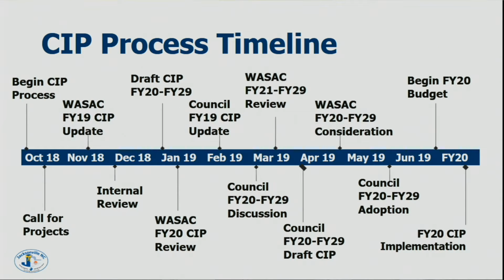Now you'll see on the screen our timeline, and we'll hit on the major points. We began this process back in October of 2018. We had a call for projects in which we sat and discussed what projects we wanted to include in our CIP, and we came up with estimated costs.